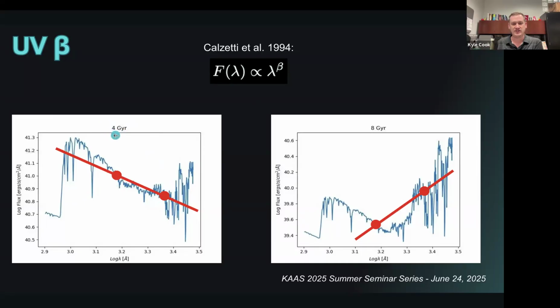Something like this galaxy here at 4 gigayears since its most recent star formation burst is going to give this very negative, very blue slope. Whereas at 8 gigayears, you start seeing a much more positive, much redder slope as those massive stars have died out.